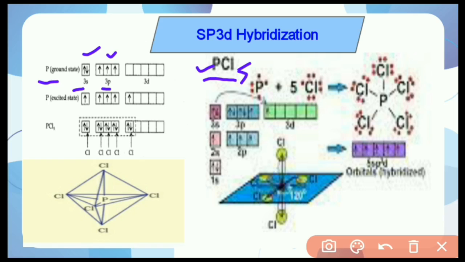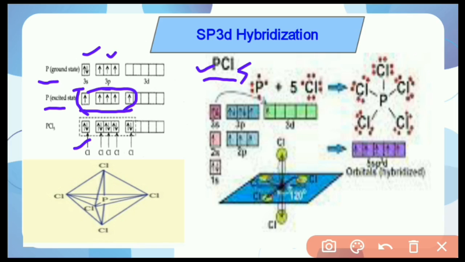So in its ground state it is not able to form 5 bonds. So in the excited state, an electron jumps to a d orbital and forms 5 half-filled unpaired electrons, and these 5 orbitals intermix and form 5 new hybrid orbitals, and then phosphorus is able to form 5 bonds with chlorine atoms.